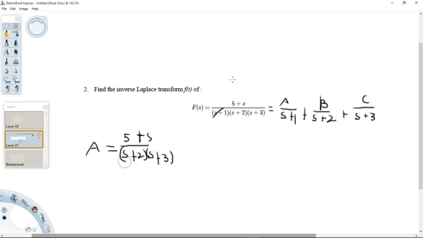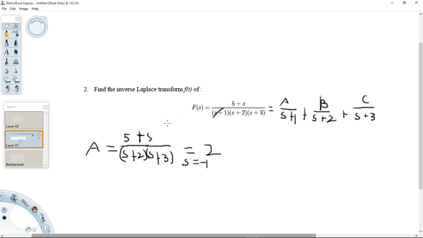And where you took out S plus 1, you think of the number that would make this 0 if you replaced S, and that would be -1. So you replace these S's with -1, and you'll get 2. So if S equaled -1.